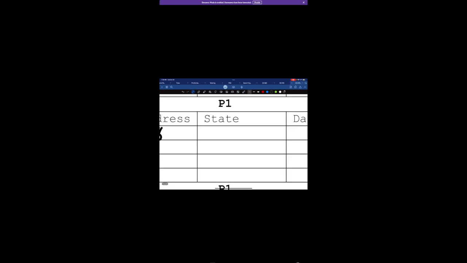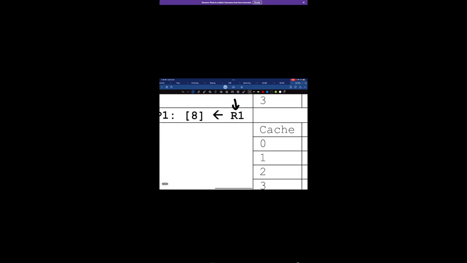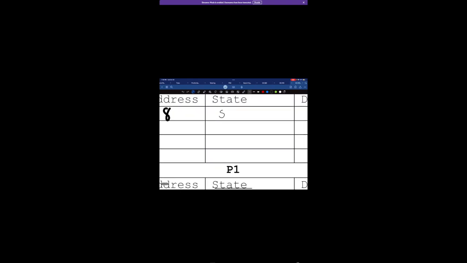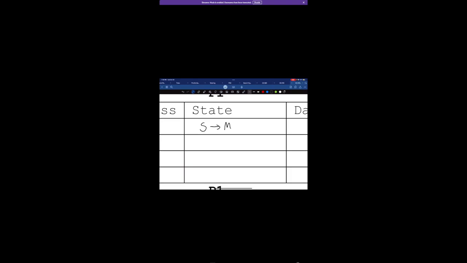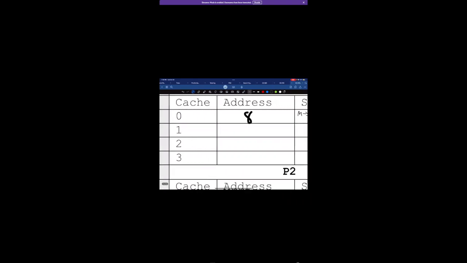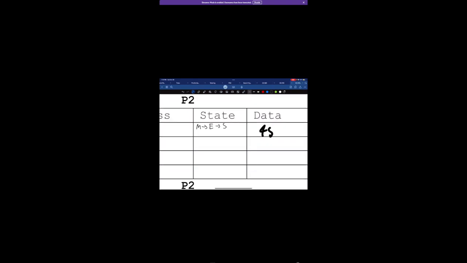This spot here becomes shared. And then we load that value R1, so it becomes modified, since this modifies what we had before from when it was shared. Then from here it becomes invalid.